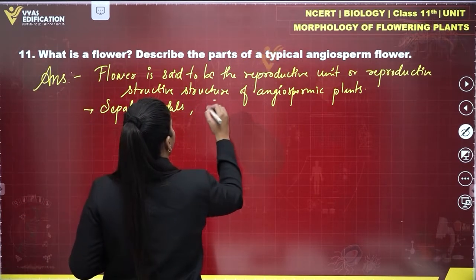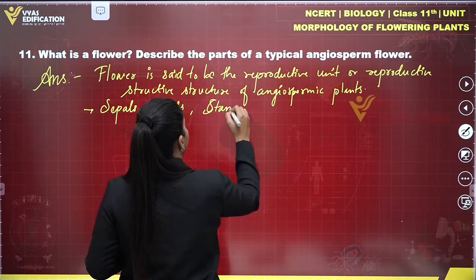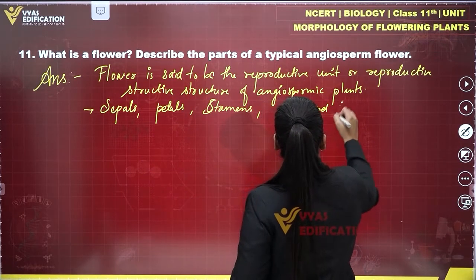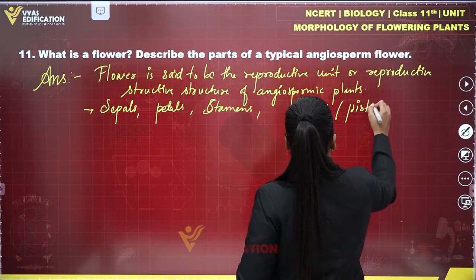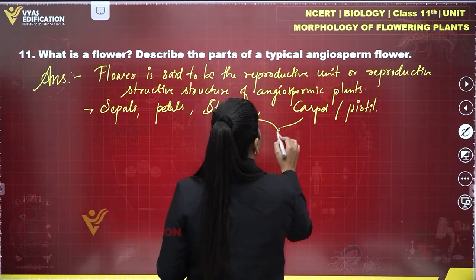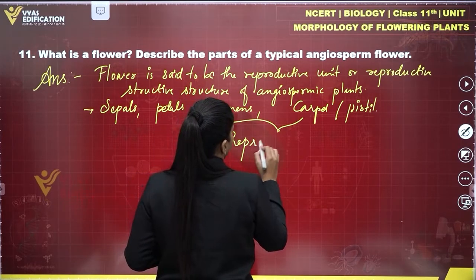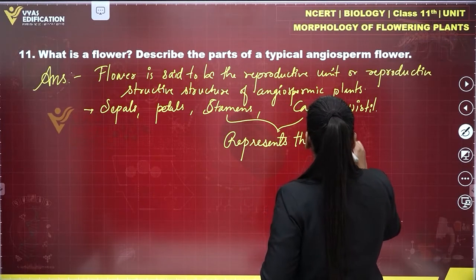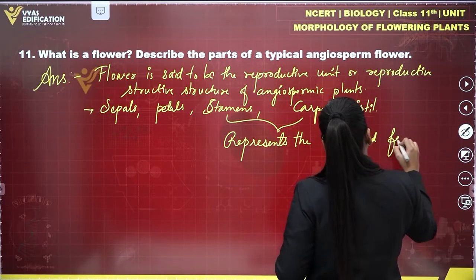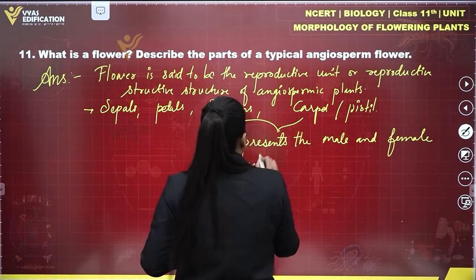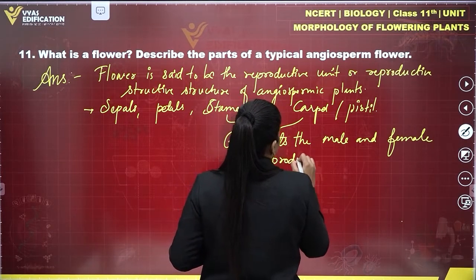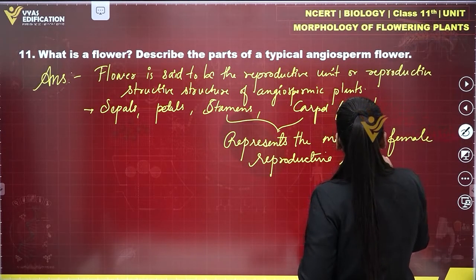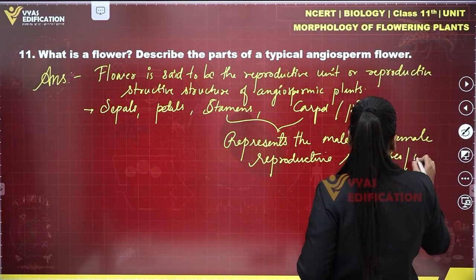petals, stamens and carpel or pistil. Stamen and carpel represent the male and female reproductive structures or organs.